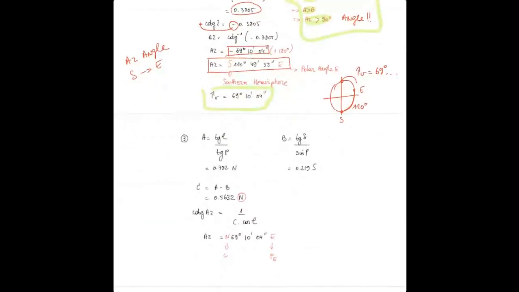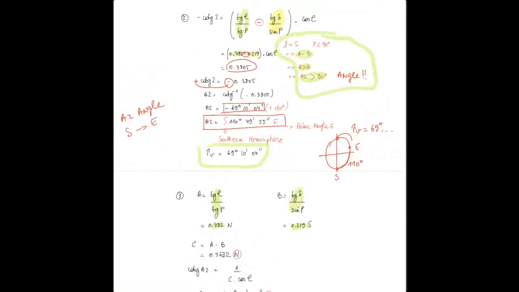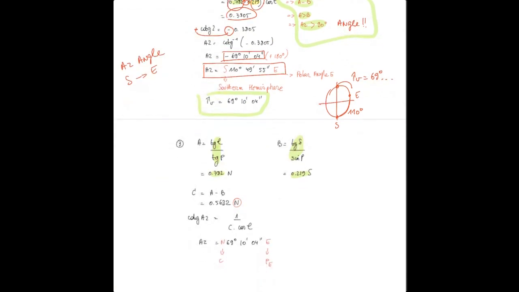Okay, then thirdly, we make a combination of A, B, C. We calculate first A, then we calculate here the value for B, and you will see, okay, these are the same values as what we have obtained here. Okay, we get the signs same way as we do in the ABC tables. Latitude is south, opposite to latitude, so A is north, B same as declination.